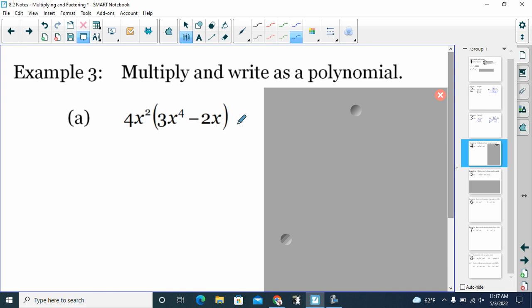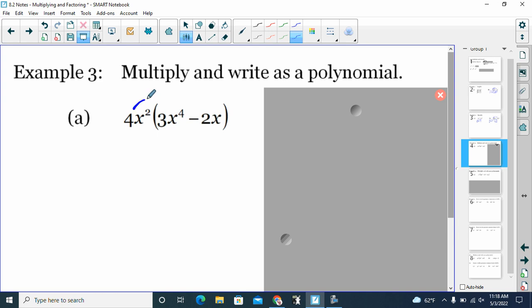Part A, we have 4x squared times the quantity 3x to the fourth minus 2x. I've got something, in this case, not just a number like I did on the last two, but something out in front of a parentheses. When that's the case, we distribute. Same thing we did on part B of examples 1 and 2.